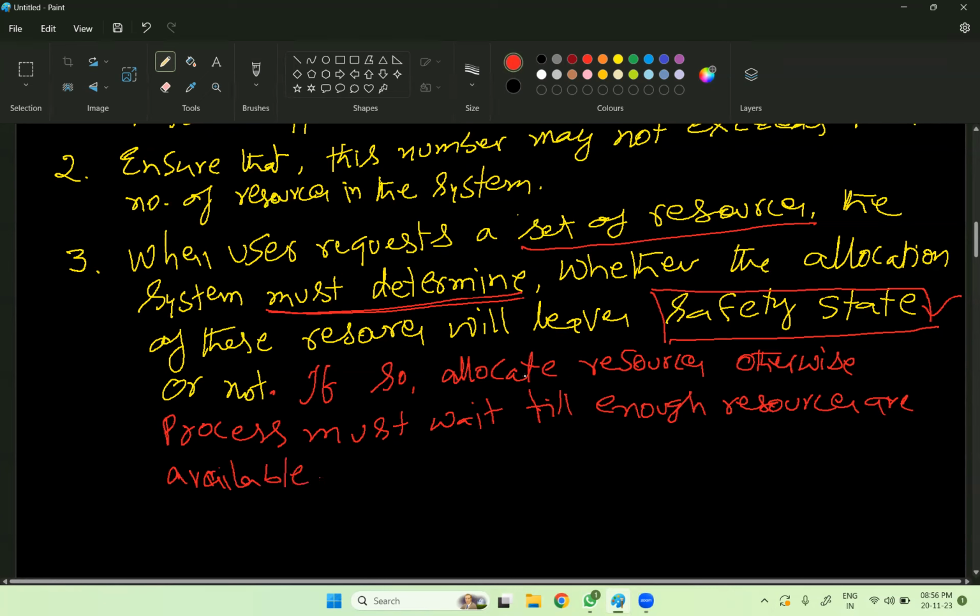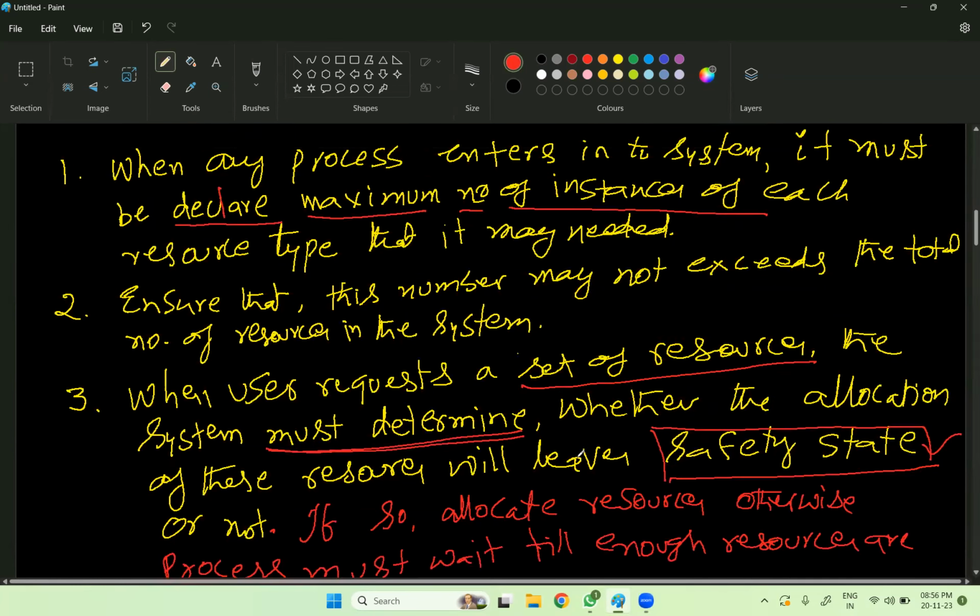So you need to understand these three statements. These three statements are very important. That is why I have spent a lot of time on them. When a process enters the system, it must declare the maximum number of resource instances, which will be given to the operating system.